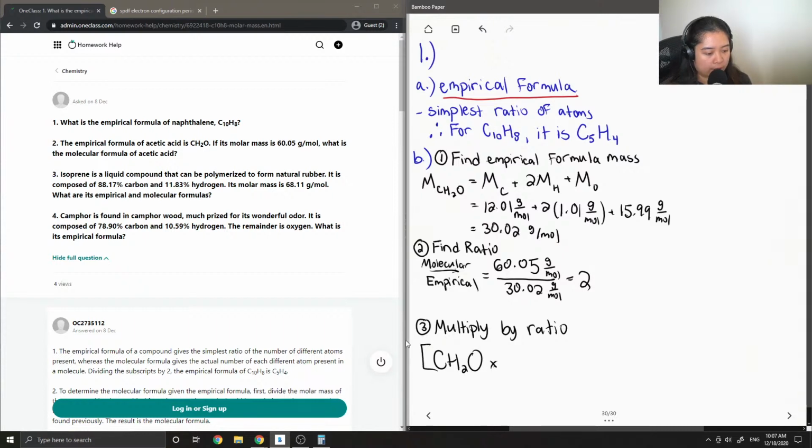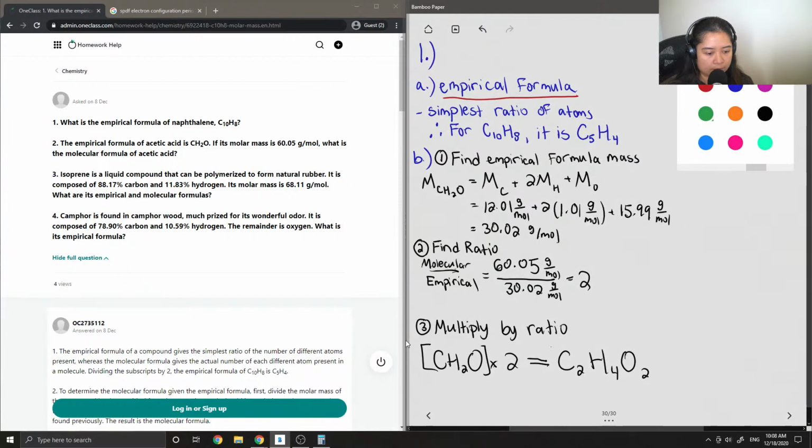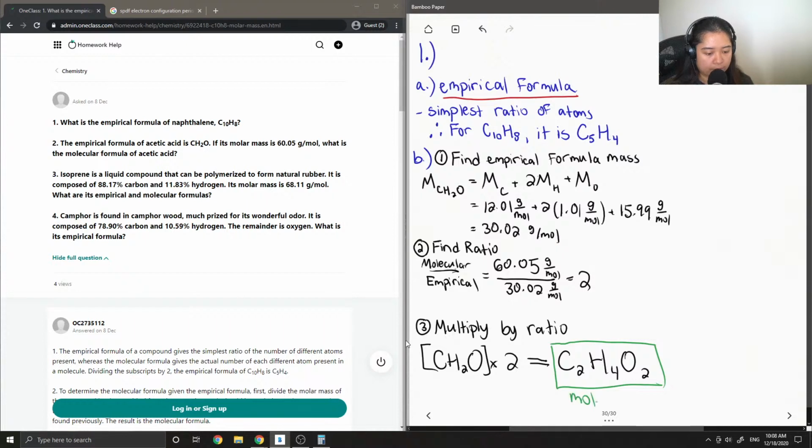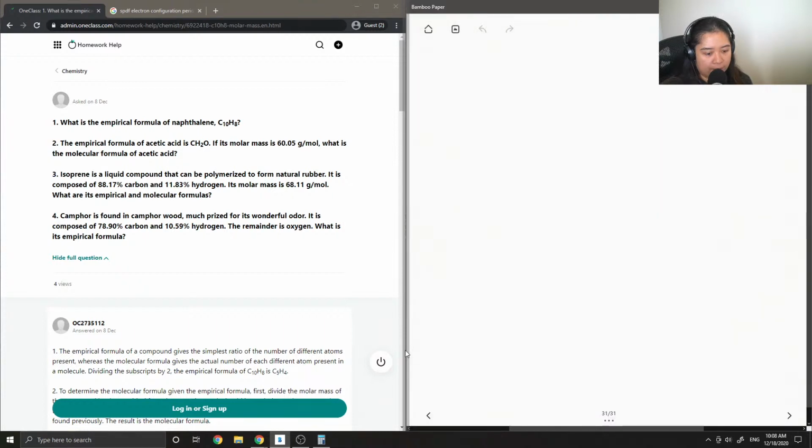Multiplying this whole thing by 2 gives us C2H4O2. And this is our molecular formula. Okay, so that is part B of the first question. So I'm going to start a new page and do part C.